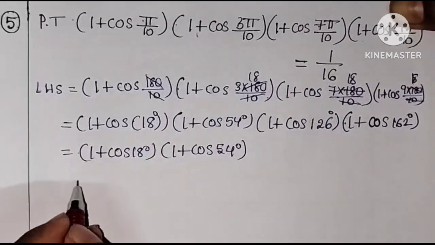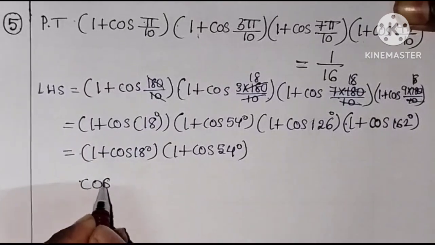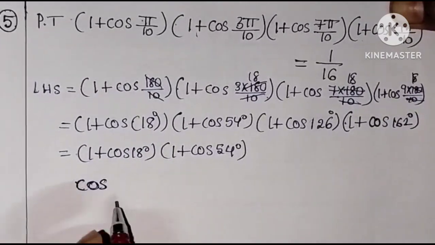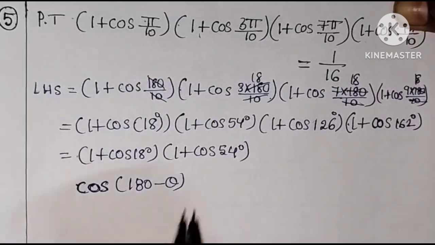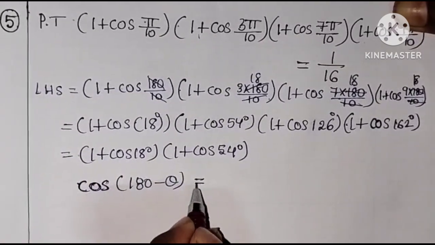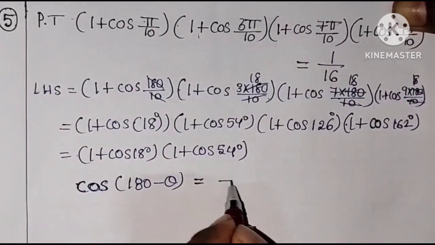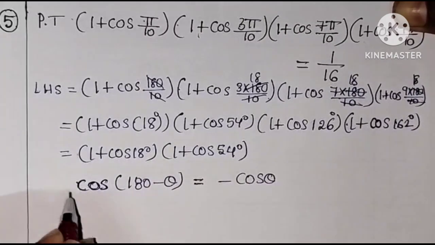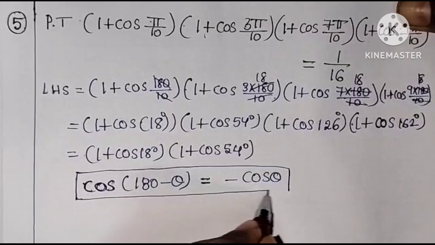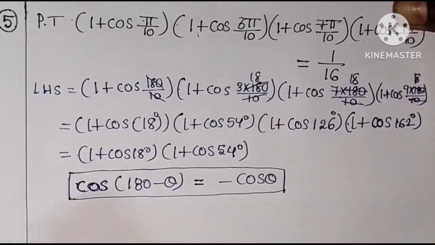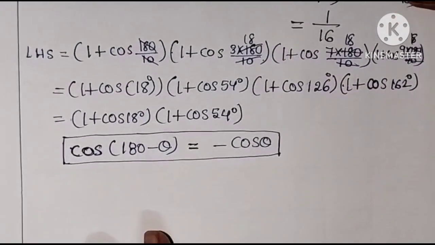Now let us discuss one important formula, cos 180 minus theta. So cos 180 minus theta how much? Minus cos theta. This is very important. Cos 180 minus theta is equal to minus cos theta, because 180 minus theta means which quadrant? Second quadrant.